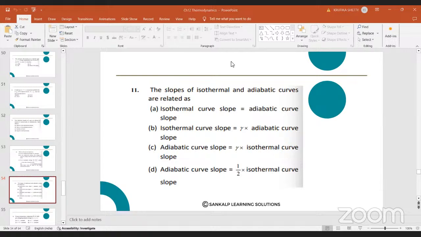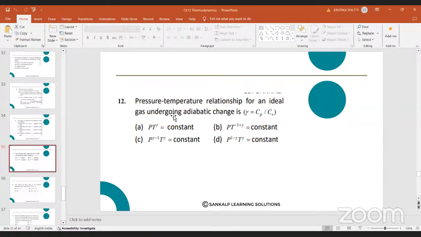Yes, Priya, correct. Isothermal curve slope is equal to gamma into adiabatic slope. It is not equal, and gamma does not come for isothermal. Options A, C, D are wrong. B is the correct option. Next question.